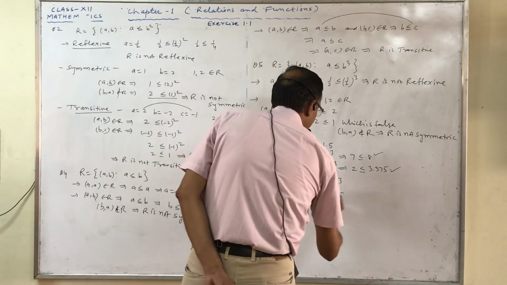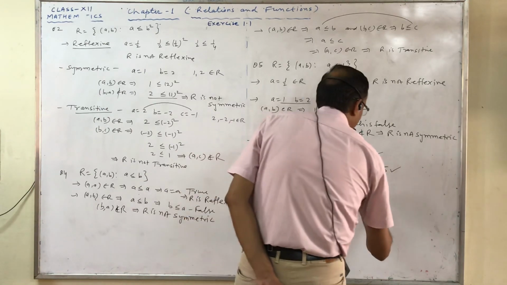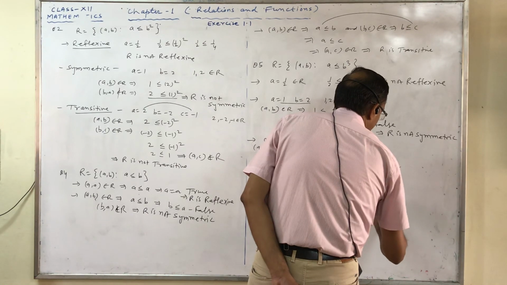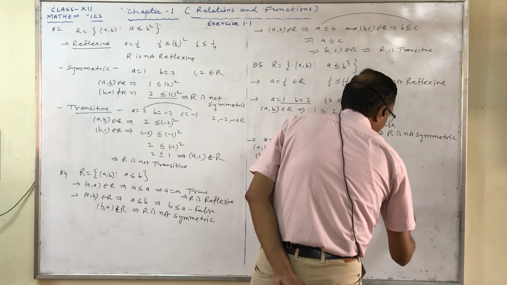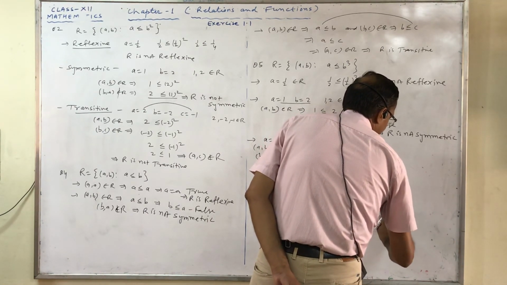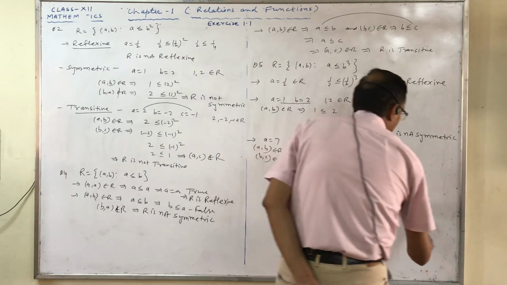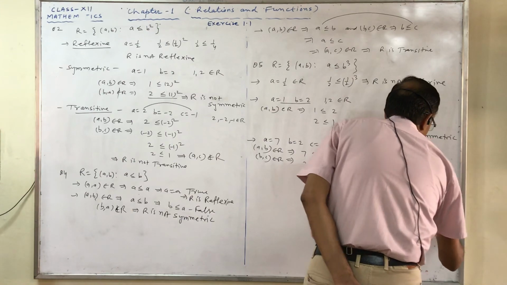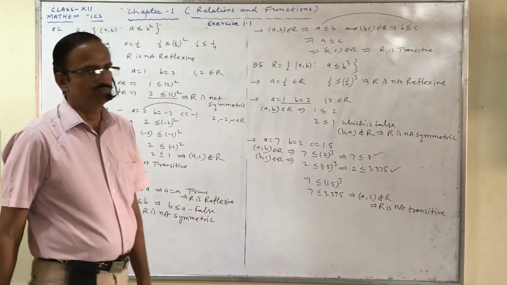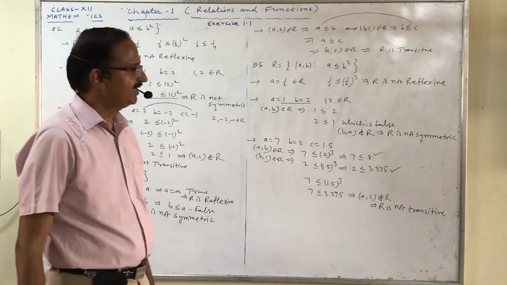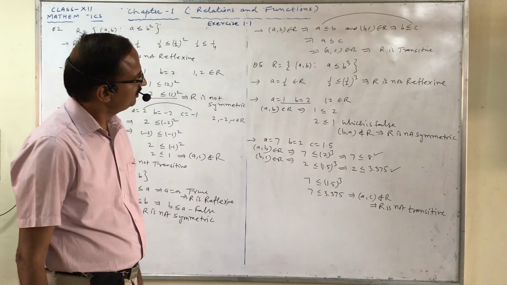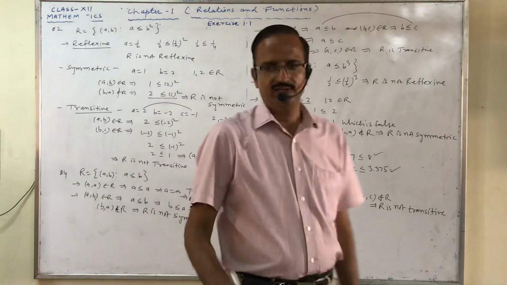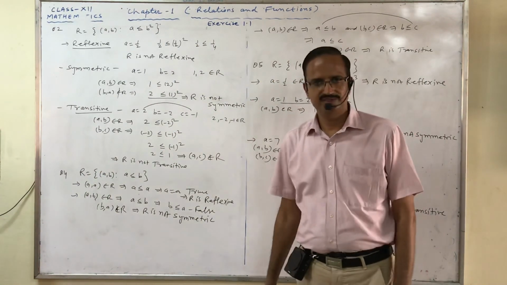It means we can say that (a, c) does not belong to R. This implies that R is not transitive. Okay children? So R is neither reflexive, nor symmetric, nor transitive. In this way, you can do the rest of the questions.